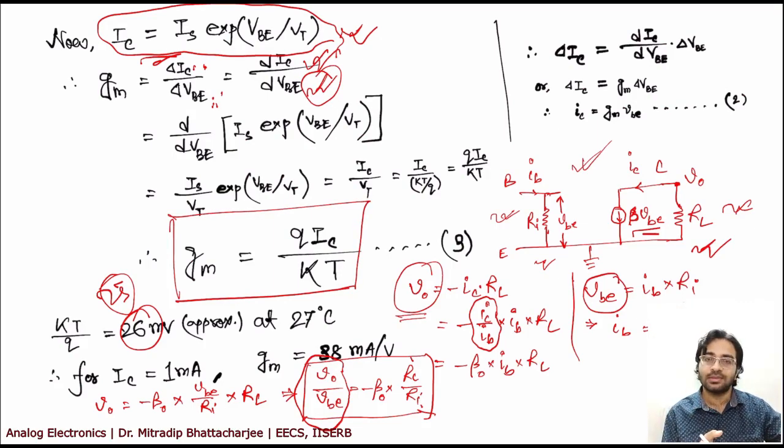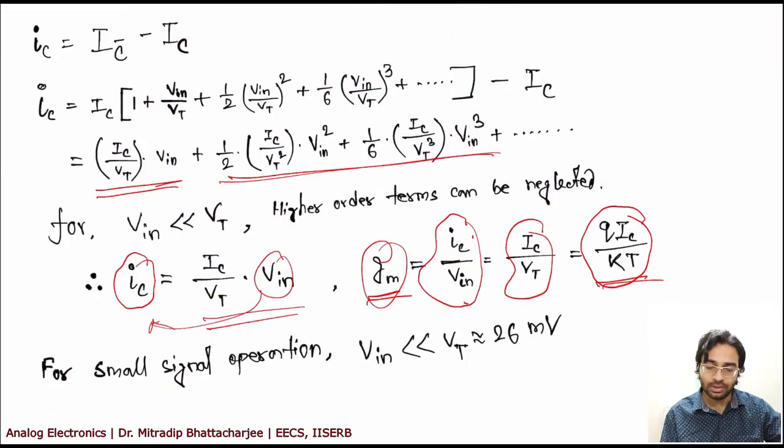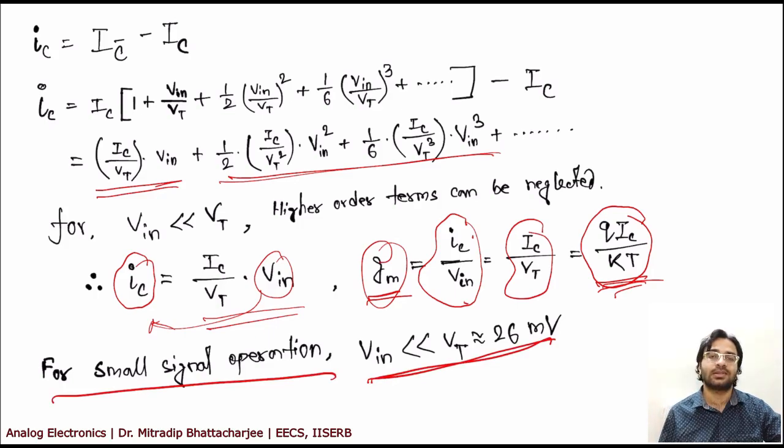So using this also you get g_m equal to q I_C by kT. But remember, for small signal operation you should satisfy this relation, and that is why it is called small signal, because you can't go beyond V_t. If you go beyond V_t, you'll end up in trouble.